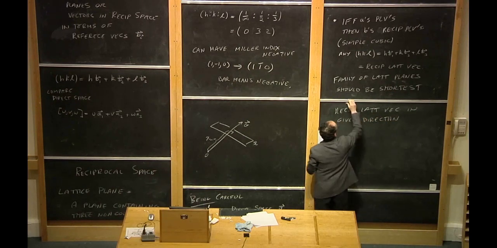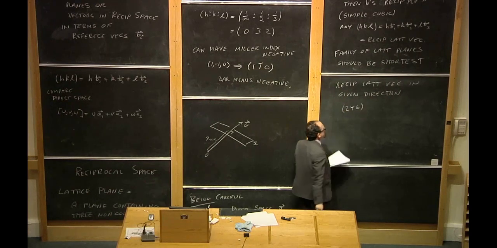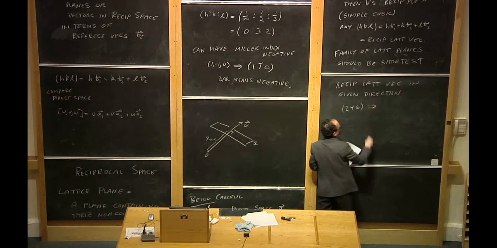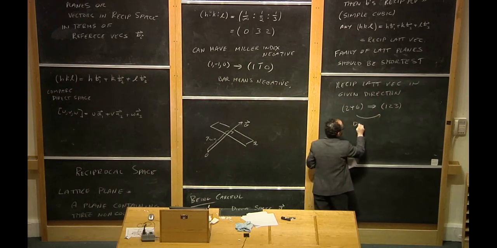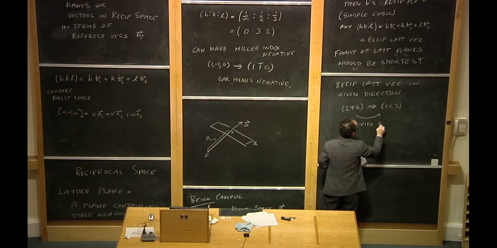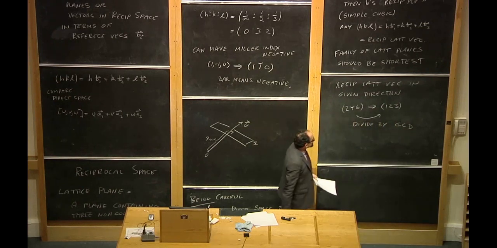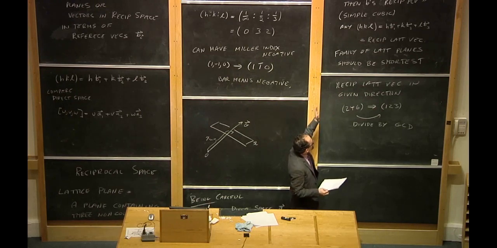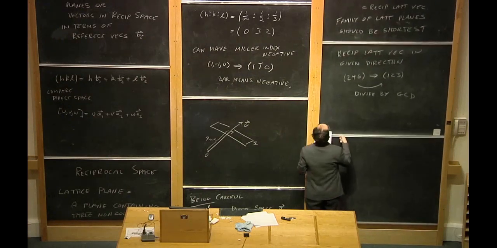So for example, if we're considering the direction 2, 4, 6, the shortest reciprocal lattice vector for the simple cubic lattice in that direction is 1, 2, 3. So you divide by the greatest common divisor. If you want to describe a set of lattice planes, you should always choose the reciprocal lattice vector which is shortest in that given direction.